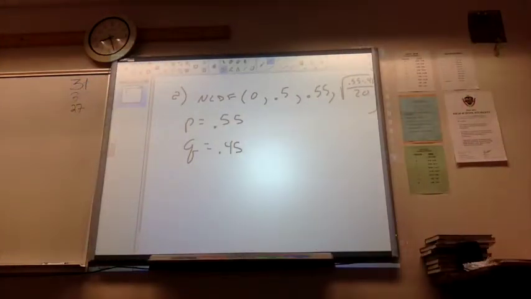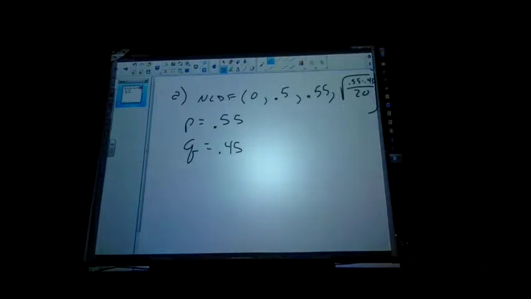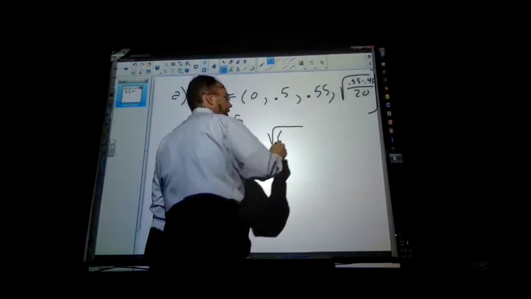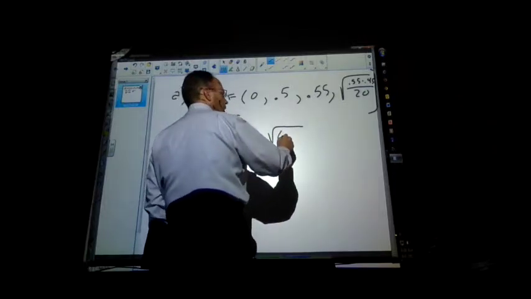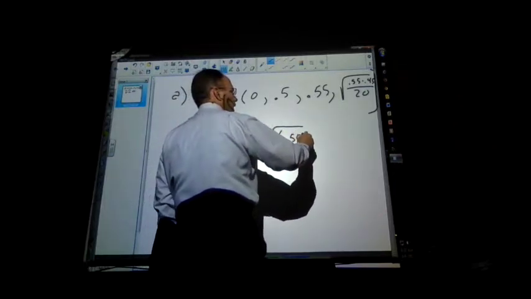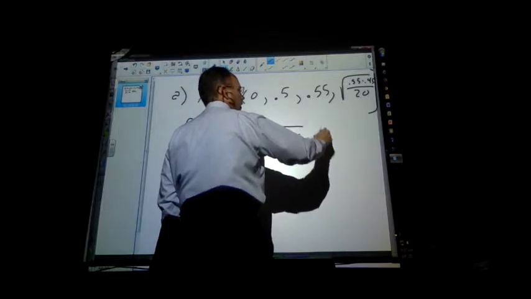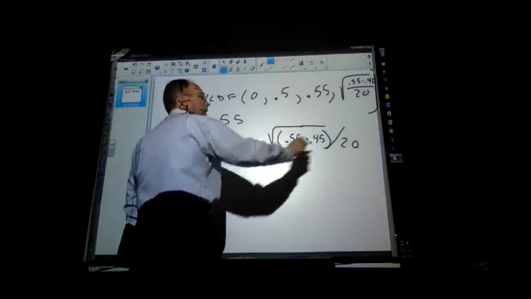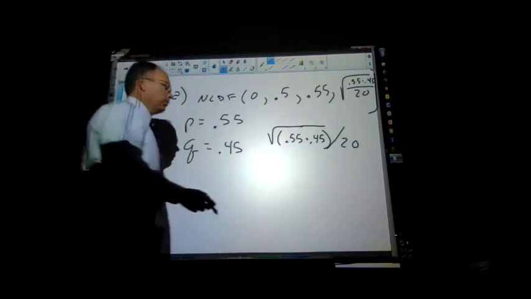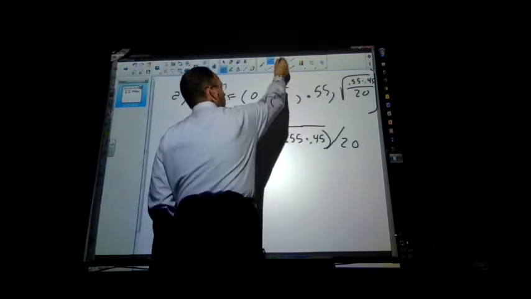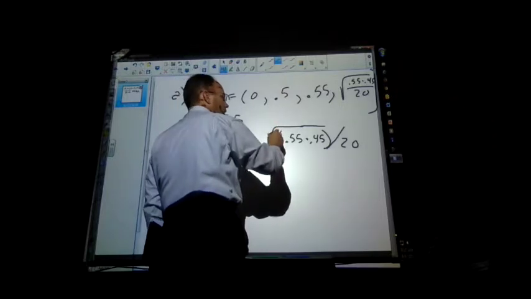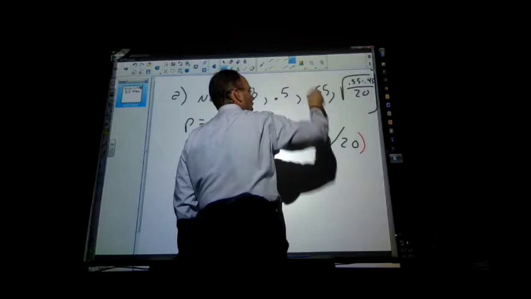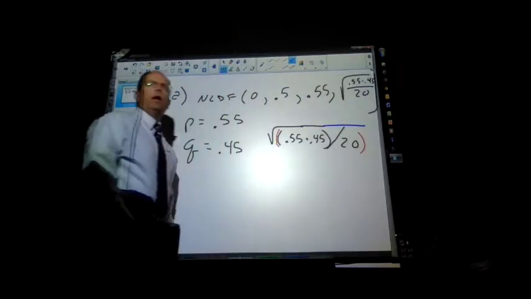I was helping a couple people yesterday, and I noticed that sometimes on the calculator, if you have the square root and you type 0.55 times 0.45 and then close the parentheses, it might only take the square root of the numerator. Make sure in this kind of situation you add a second set of parentheses. That should extend it all the way.